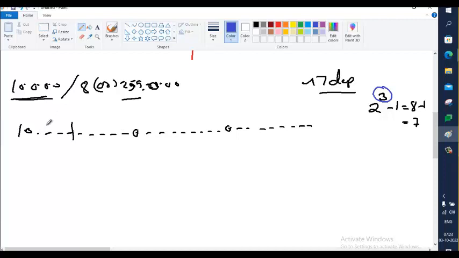What is the value of this place? 128. What is the value of this place? If this is 1, what is the value? 64. If this is 1, what is the value? 32.